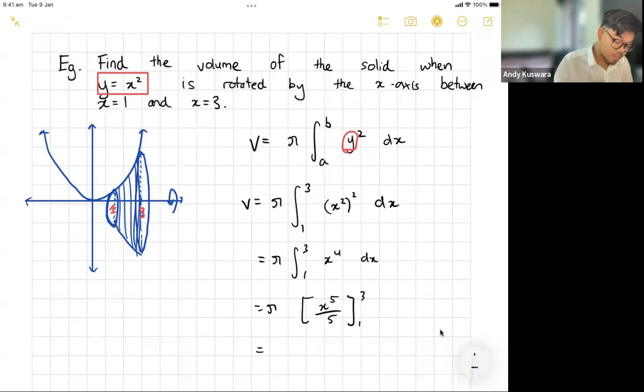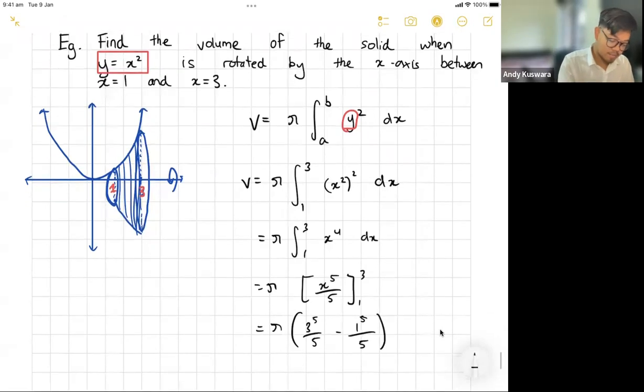I'm not going to calculate it because I don't think I can. So leave pi on the outside and it's going to be 3 to the 5 on 5 minus 1 to the 5 on 5. So it's basically 3 to the 5 take away 1 all over 5. That's as clean as I can get it without using my calculator.